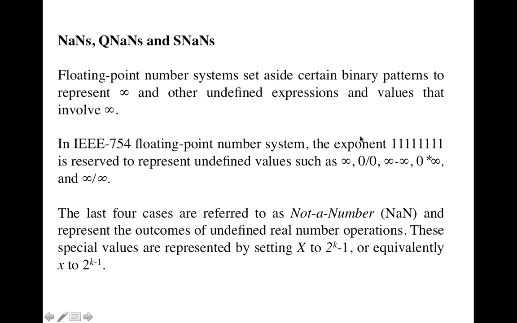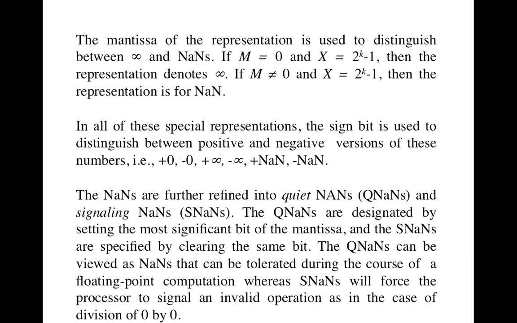And so like I said already, if you have a string of ones in the exponent, they really represent these so-called NaNs. And these numbers can be further differentiated by looking at their mantissas. The mantissa is essentially going to be set to 0 with the highest exponent if the number is infinity.